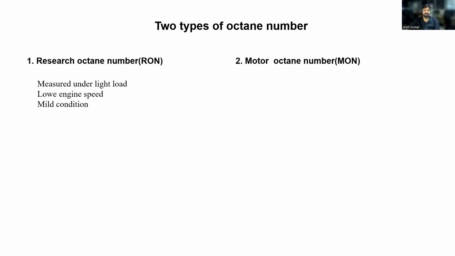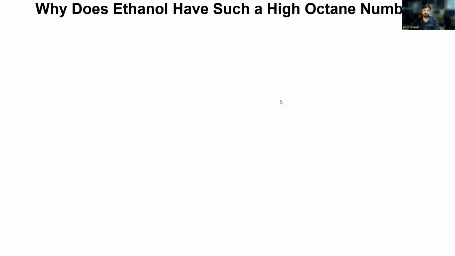In India, if you see any octane number on the petrol pump, they display the research octane number, RON. The motor octane number, MON, is measured under high load condition, and that should be high engine speed, I'm really sorry for that, and high temperature. That is an adverse condition, right?